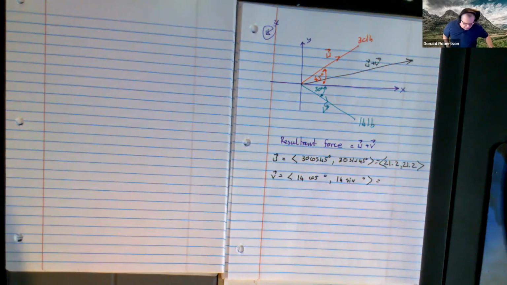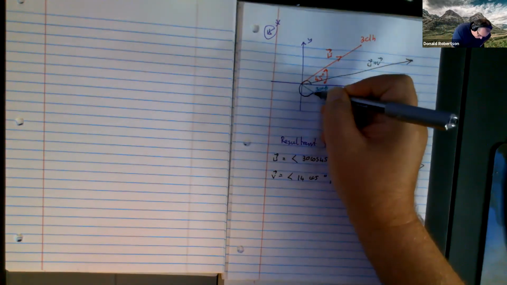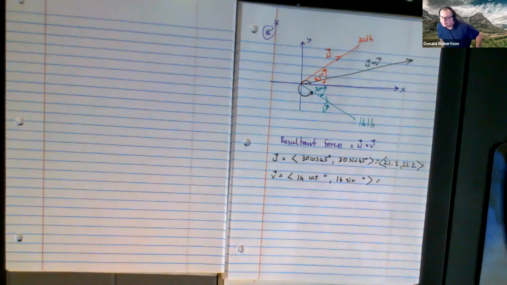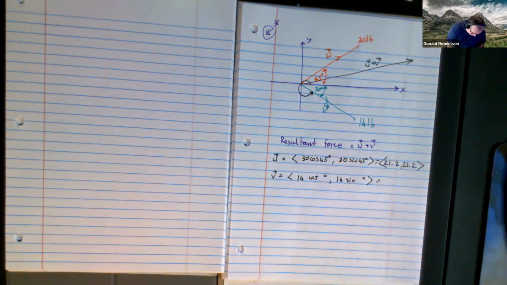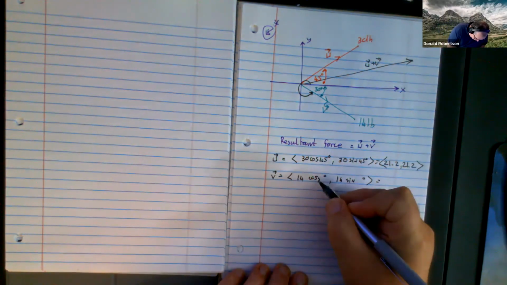Think of trig. How do you measure angles? 330. Could you also call it negative 30 degrees? Is that the one you were thinking earlier, Molly? Yeah, in which case, totally fine if that's what you're thinking. I'm just going to do the long way around, 330.